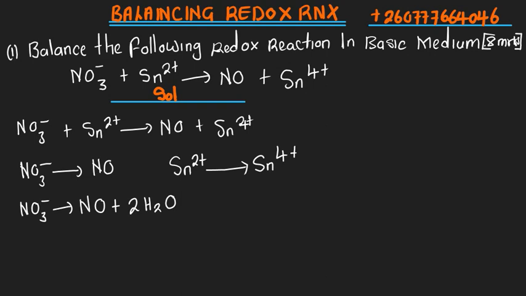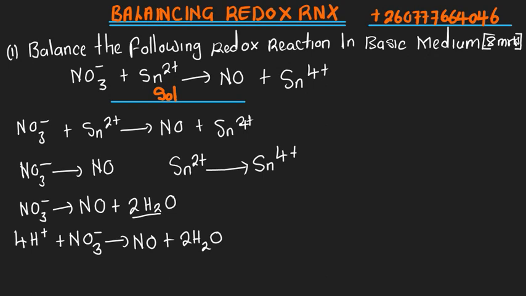Since oxygen is balanced, we can now balance hydrogen. Since we have 4 hydrogens this side, it implies we are going to add 4 hydrogens this side also. So we have 4 hydrogen there, and our 4 hydrogens this side. We have balanced nitrogen, oxygen, and hydrogen.